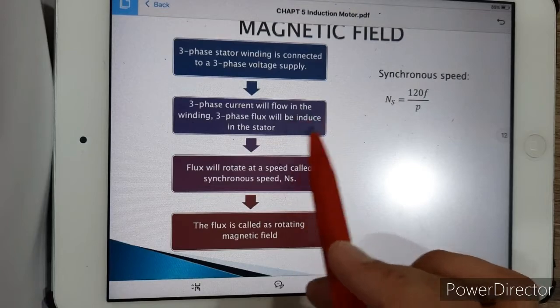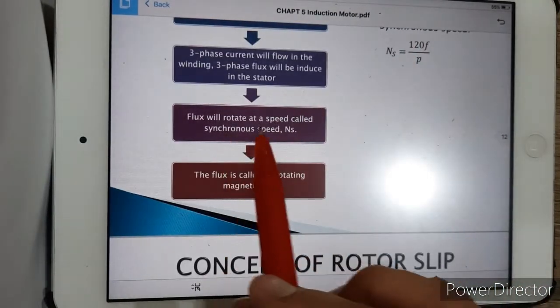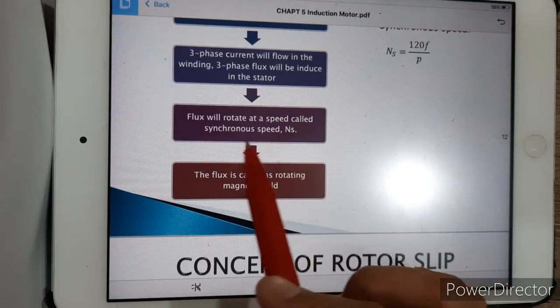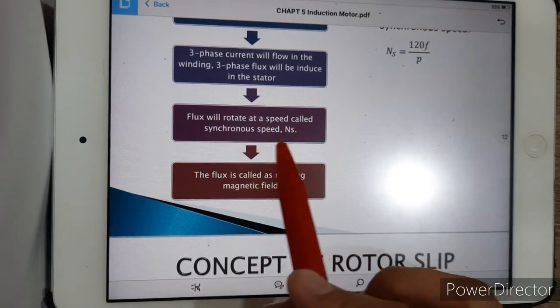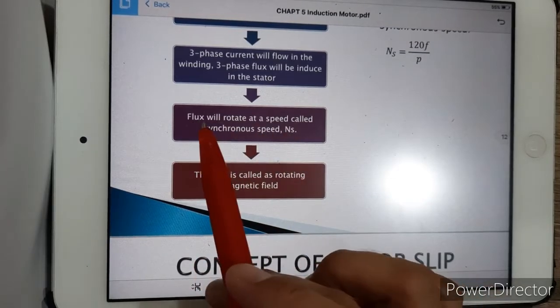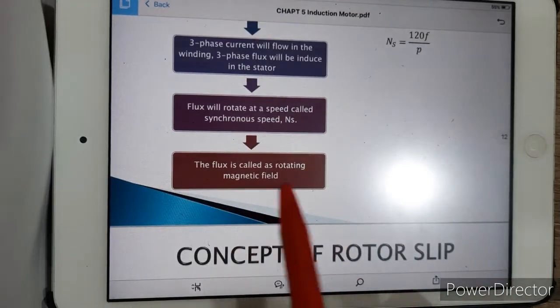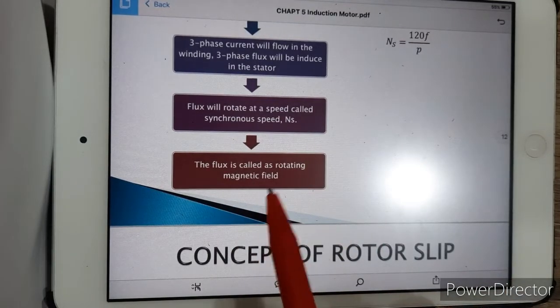That is why we call it an induction motor. The flux will rotate at a speed called synchronous speed. NS is the speed of the flux, or synchronous speed. The flux is called a rotating magnetic field.